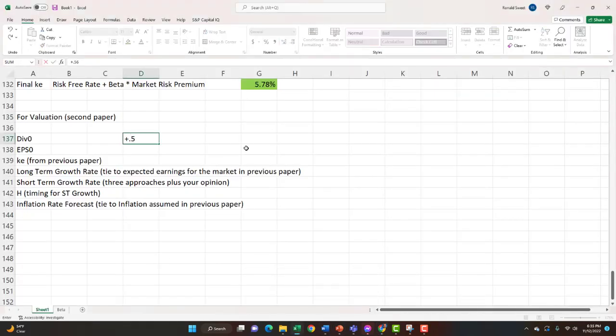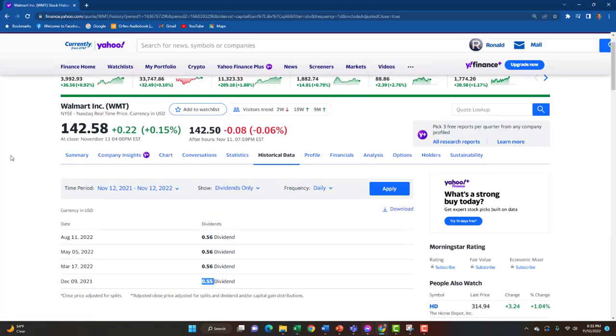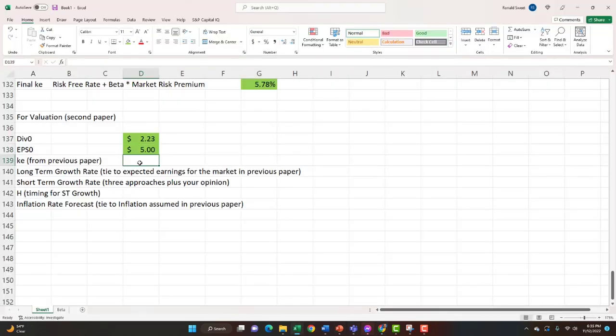So 0.56 times 3 plus 0.55, their dividend is $2.23. Their earnings per share, we can go back to the summary page. Remember that was $5, so we can bring that in. The KE, we can just bring that down. And then long-term growth, okay?